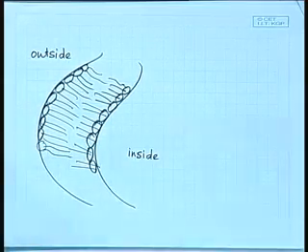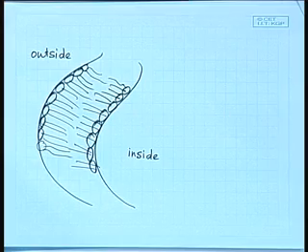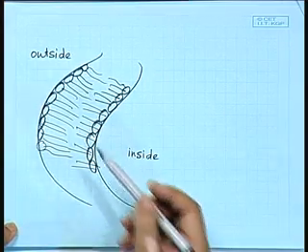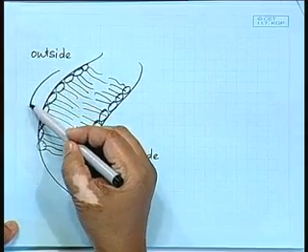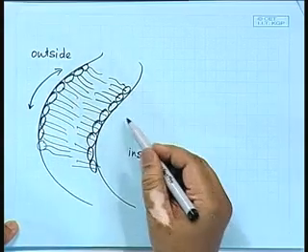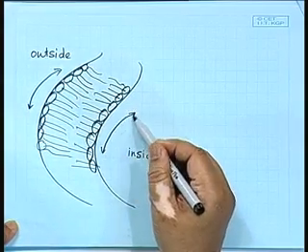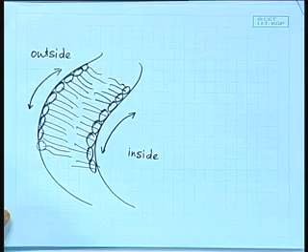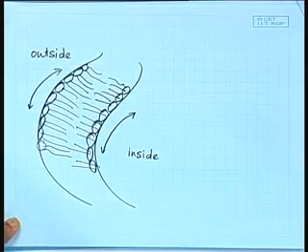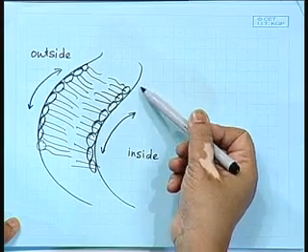So, this is what the membrane actually looks like. Now, you see that this part and this part have different curvatures, right? Now, these are what are called two leaflets.